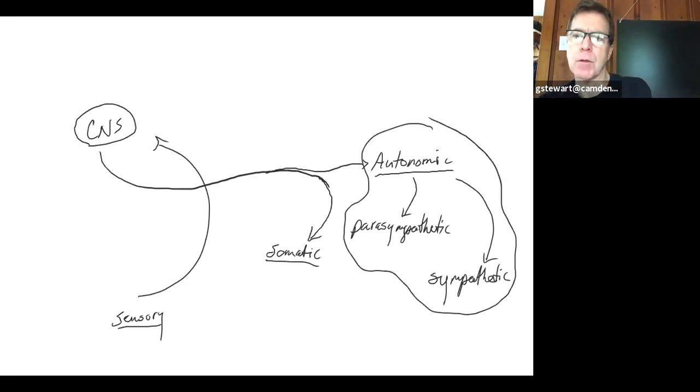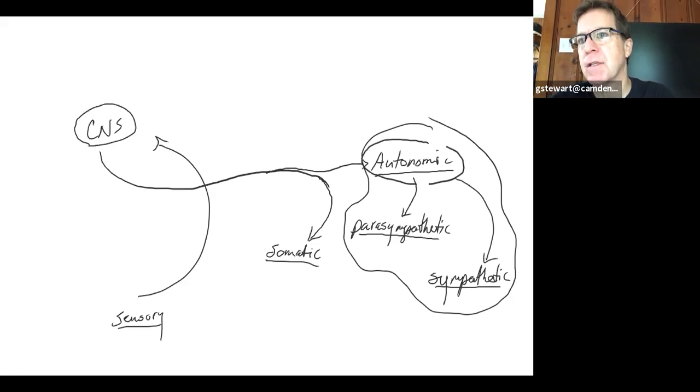The first thing I'm going to do is clarify the overall general functions of this subdivision. I know it sounds repetitive and redundant. So let's do that. On a new board, I'm going to write the general functions of these two subdivisions of the autonomic nervous system.